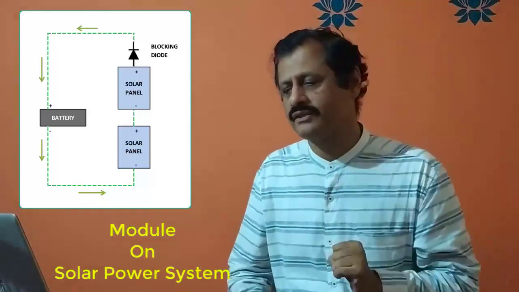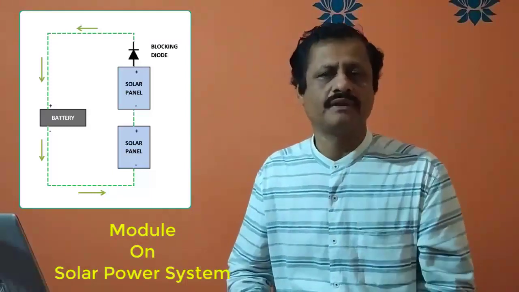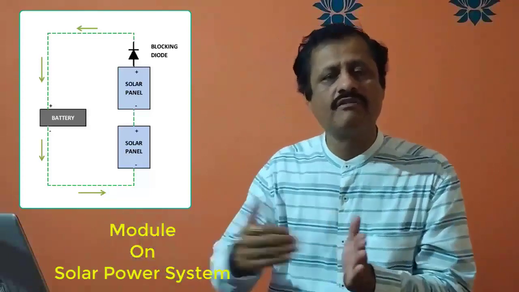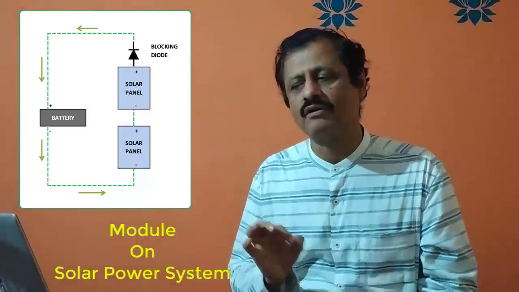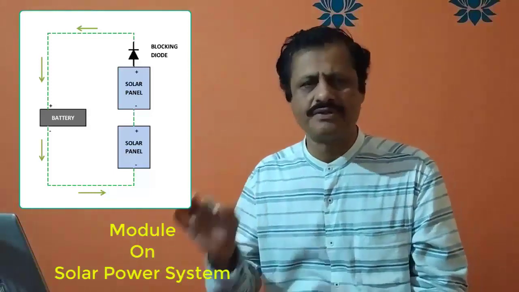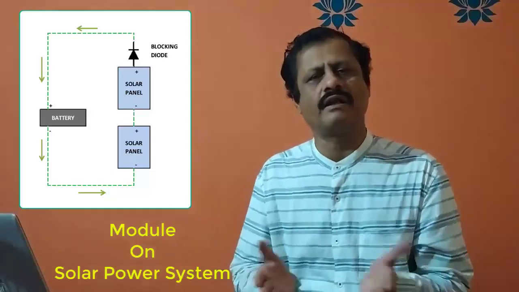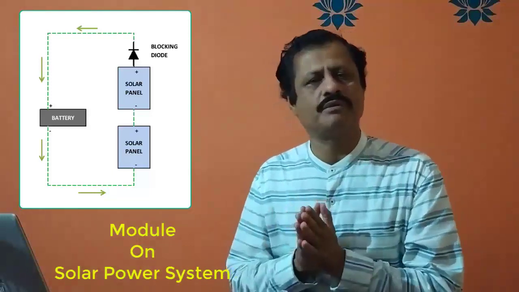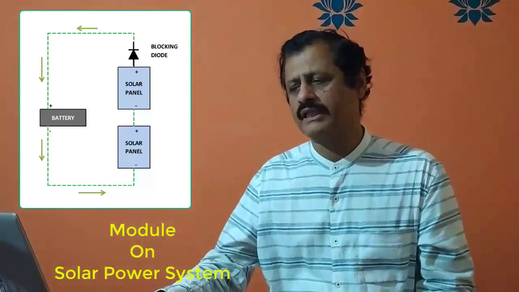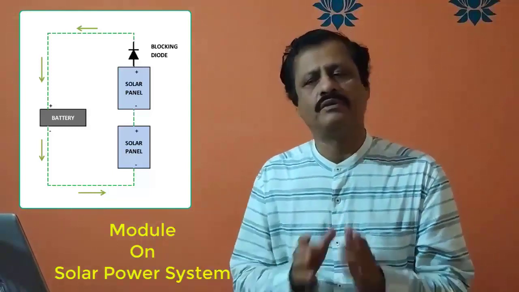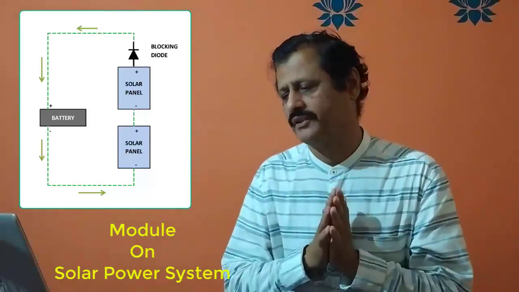To avoid this, there is a blocking diode which does not allow reverse power flow. This is the most important diode which is used. This is a part of design, but whenever we are learning a solar power system, these two important elements, the blocking diode and bypass diode, are very important as protection.